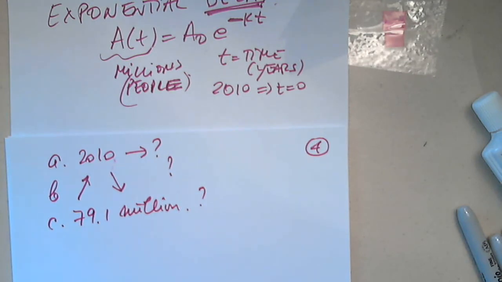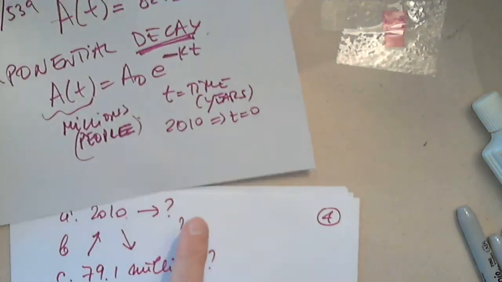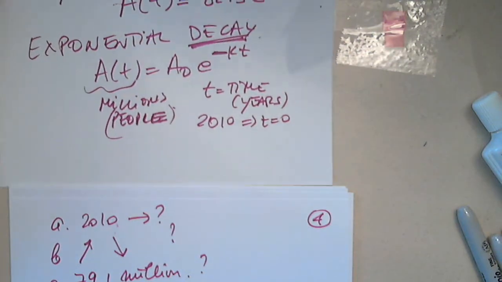So the first one is very clear what we need to do in order to find what happened in 2010. 2010 is the initial population, so all we have to do is replace t by 0.